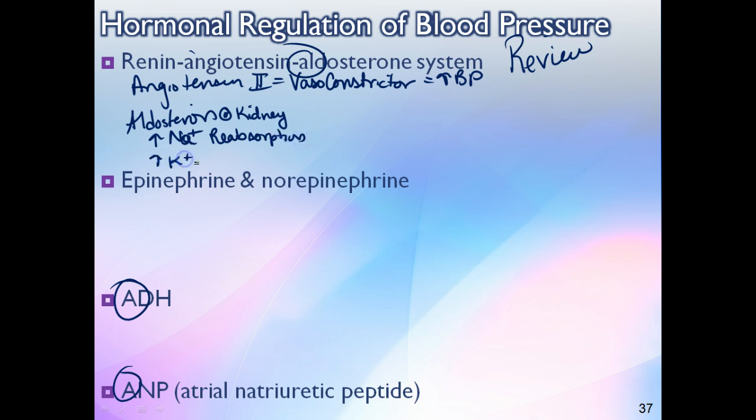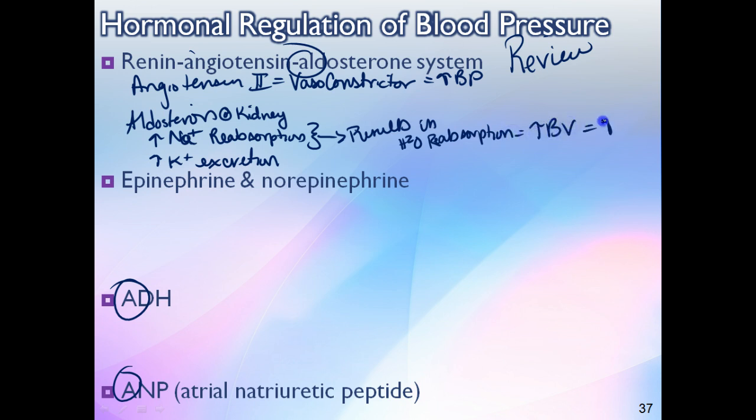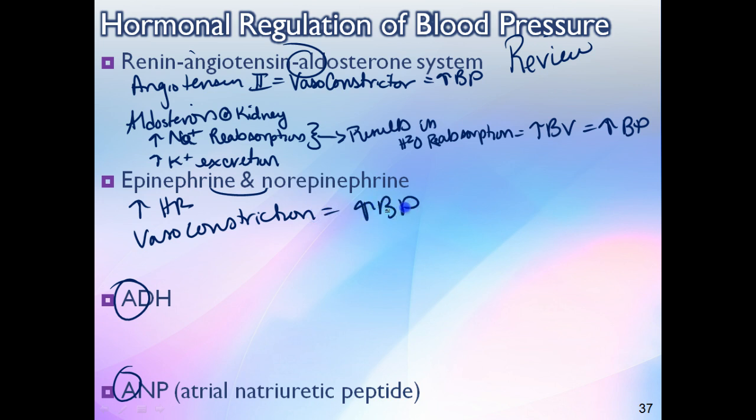Increase potassium excretion. Now, because we're doing this, it results in H2O reabsorption, which leads to an increase in blood volume and an increase in blood pressure. Epinephrine and norepinephrine are going to increase heart rate and cause vasoconstriction, which of course will increase blood pressure.